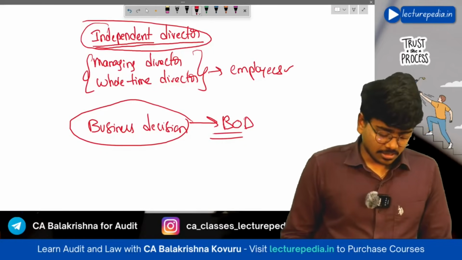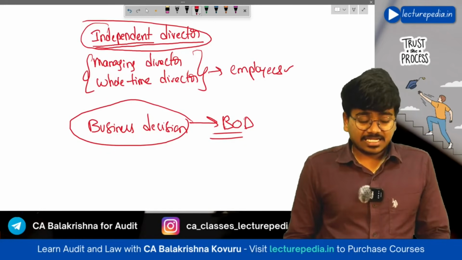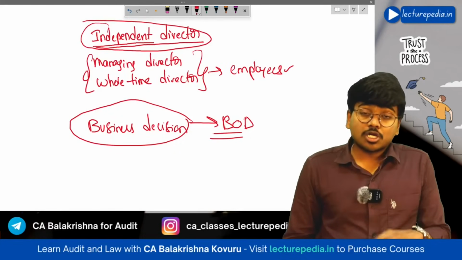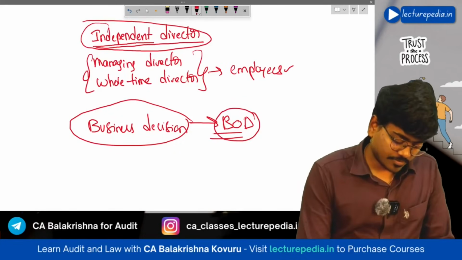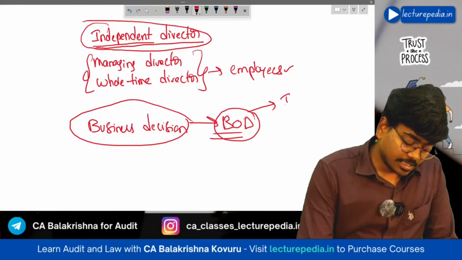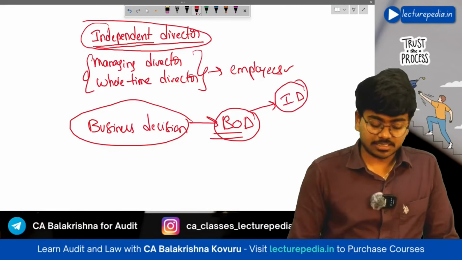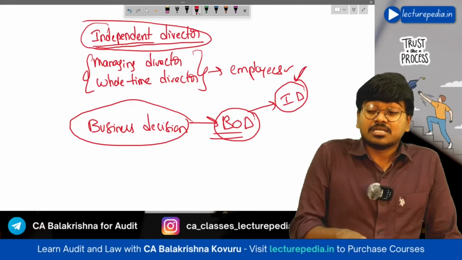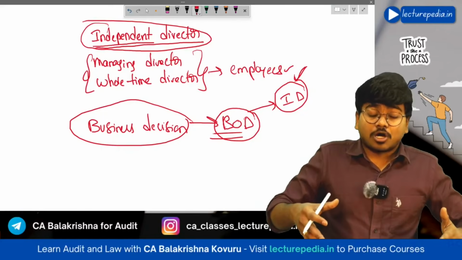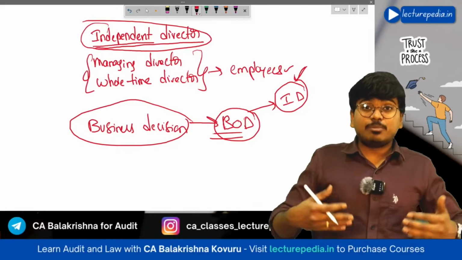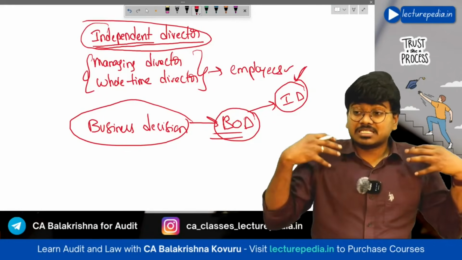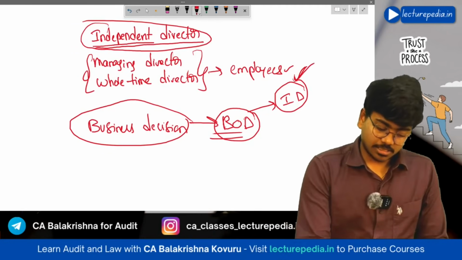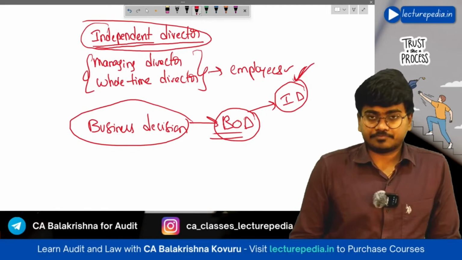There is a possibility that directors might take decisions which benefit themselves. In order to avoid those situations, there should be independent directors in the board of directors. Independent means they will not take decisions that will benefit themselves. They will always think in favor of the company.